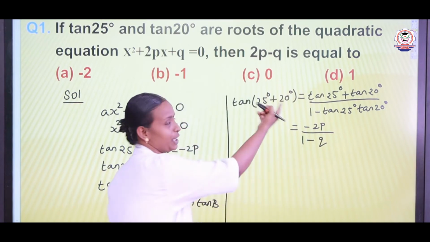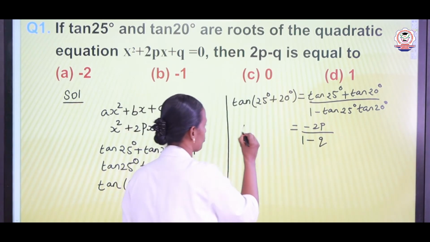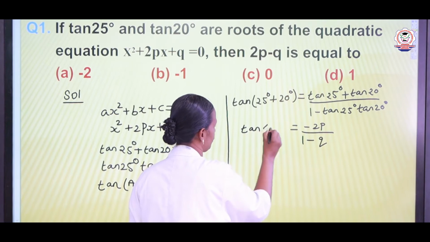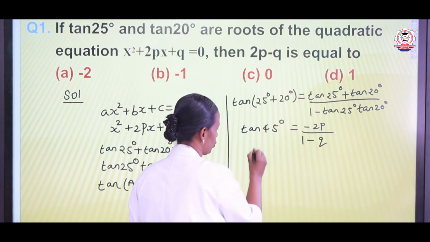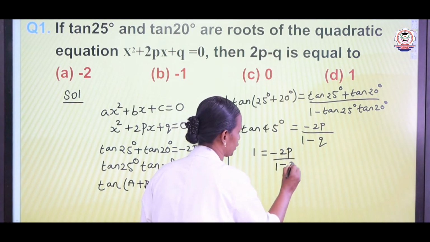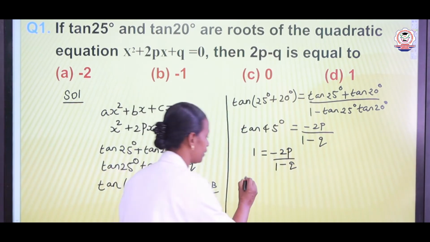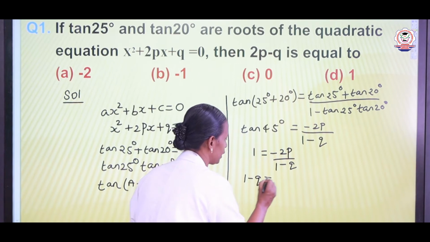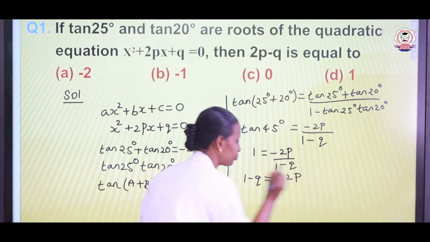So here 25 plus 20 is 45 degree, tan 45 degree is 1. So 1 equal to minus 2p by 1 minus q. So that is nothing but 1 minus q equal to minus 2p.